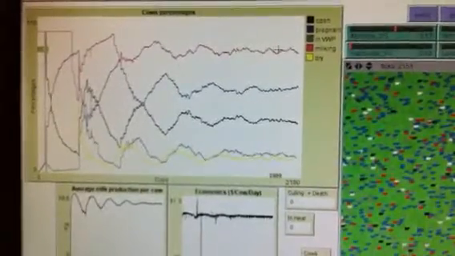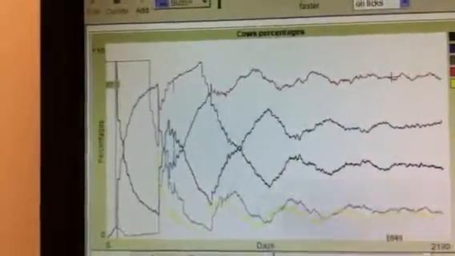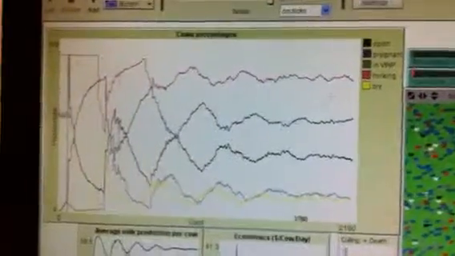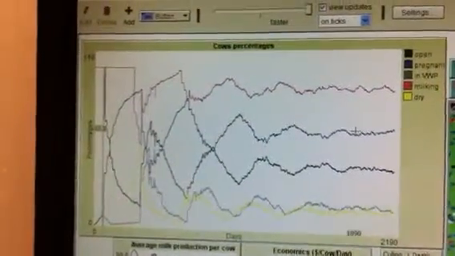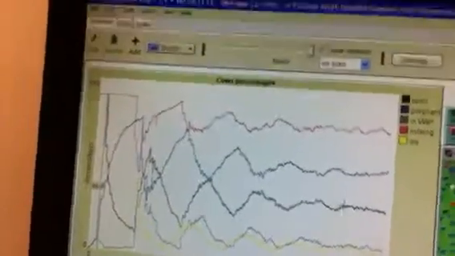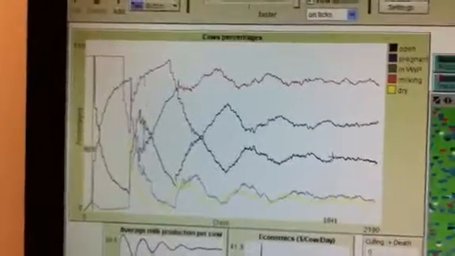So red here is milking. Right now we're milking about, let me see here, 87% of the herd. And in this particular model, pregnant is blue here, and I have about 61% of the herd pregnant. Just open cows, 40%.